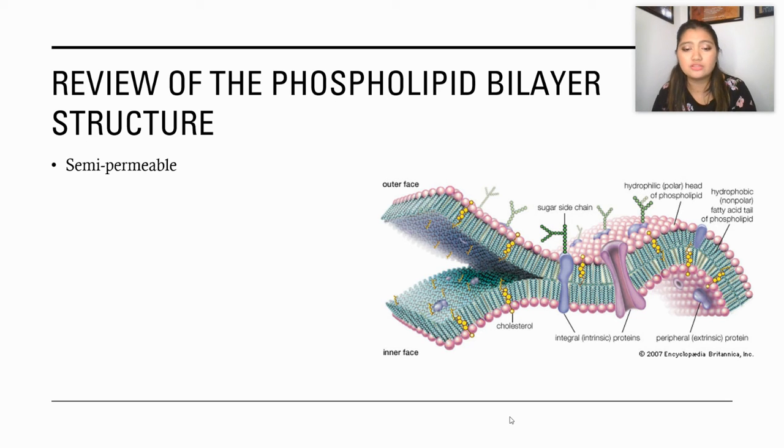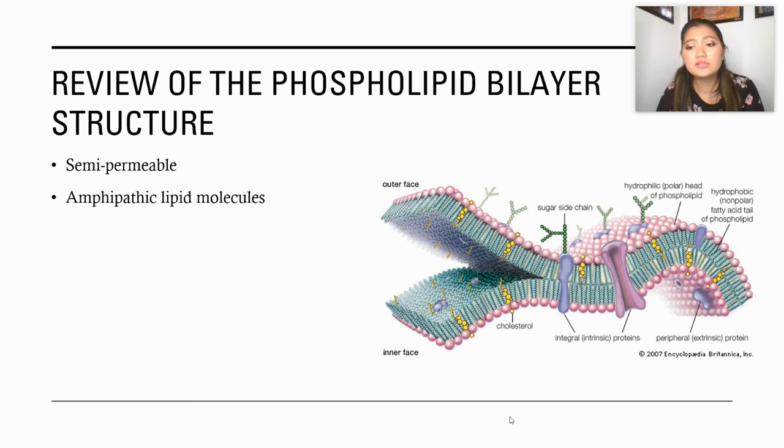If we do need a larger amount of water molecules in the cell, there is a particular way that they will enter. The second thing that we need to remember about the phospholipid bilayer is that it is amphipathic, which means that it has a polar portion and a non-polar portion. If you take a look at the diagram at the bottom, the pink circles are our polar heads, which means that they like to interact with water, and our non-polar tails are these little green squiggles, which means that they do not like to interact with water.